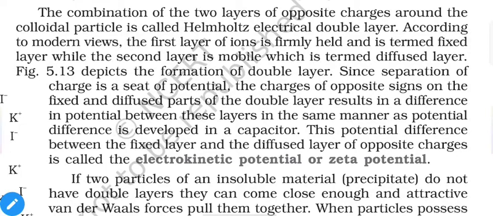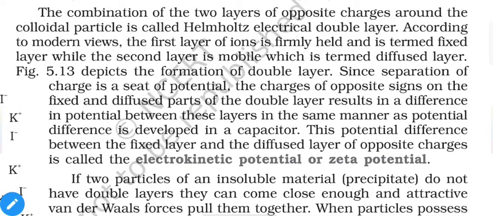So when two different electrically charged layers are in contact with each other, they will have a difference in their electrical potentials, and they will try to get stable by transferring energy from the higher potential containing layer to the lower potential containing layer.